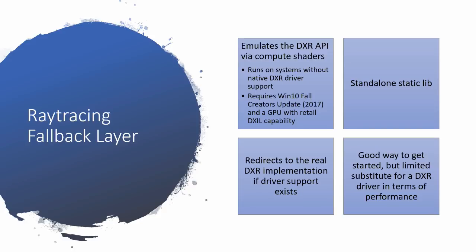The big thing to be aware of is obviously it's not going to be as fast as a true silicon implementation. It's fast enough that you can certainly start experimenting and bringing things up and learning how this shader model works. This is something you can go home today and start programming with. But don't expect to see the kind of performance that you're seeing from some of the demos, because it doesn't have that hardware.